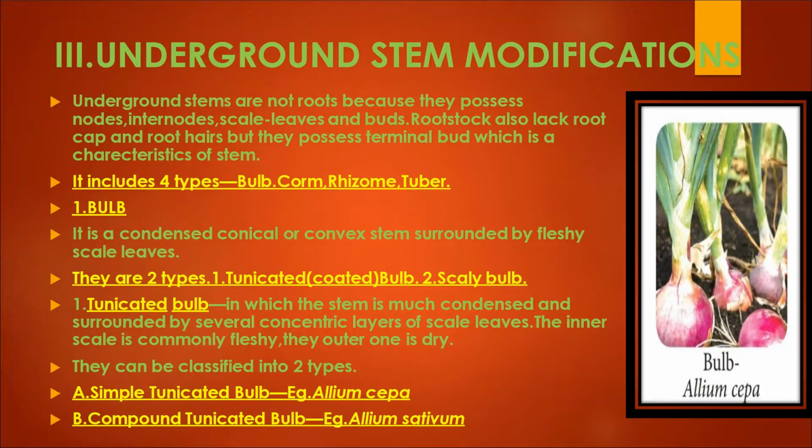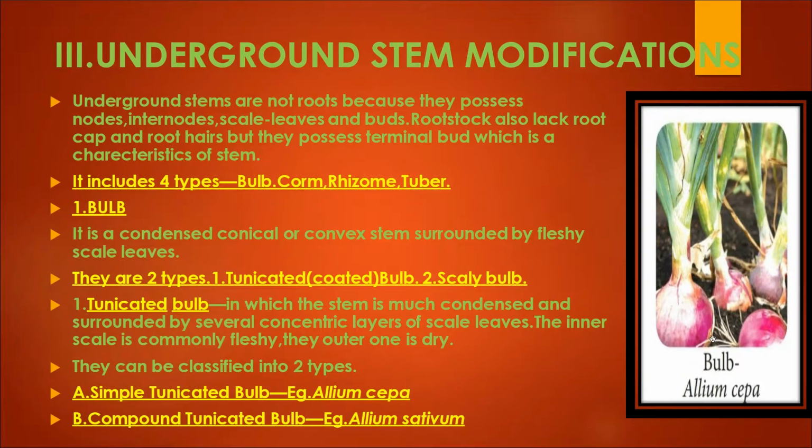And this underground stem modification includes four types. They are bulb, corm, rhizome and tuber. First one, bulb. So bulb is a condensed conical convex stem and that will be surrounded by fleshy scale leaves. And this bulb is again classified into tunicated bulb and scaly bulb.